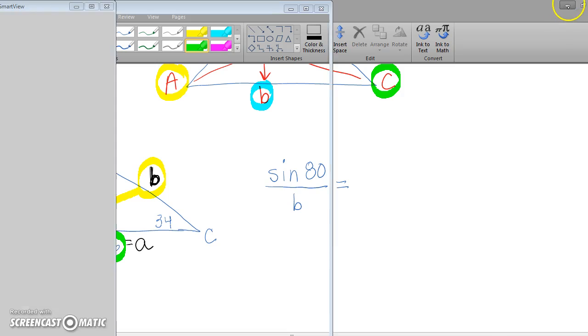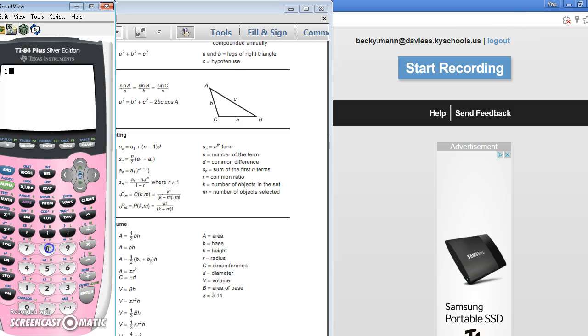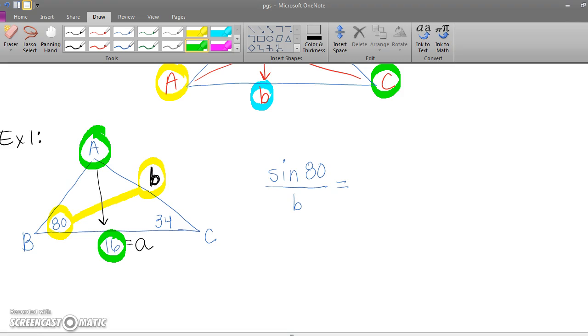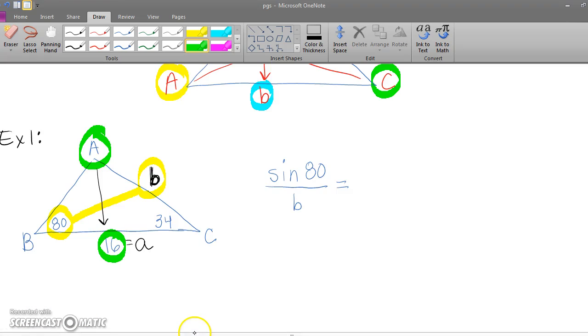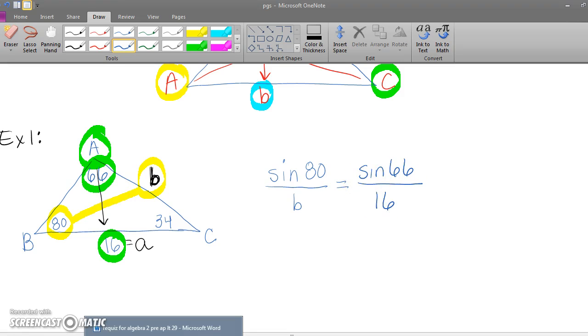If we use our calculator and do 180 minus 34 and minus 80, we get that the third angle is 66. So this angle is 66. And with that, we now have another pair. So we would set up equals sine of 66, the angle, over 16, the side.